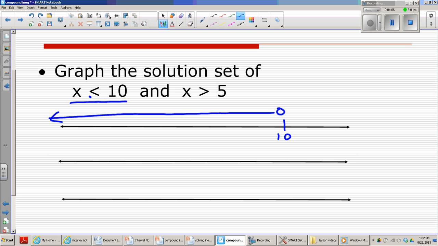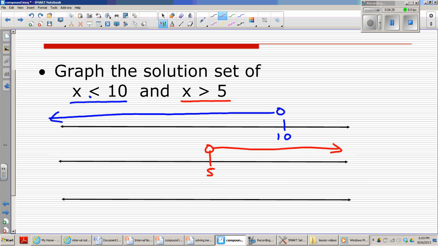Go to the second one. x is greater than 5. If it's greater than, we have an open circle. The symbol's pointing right, so we point right. Remember, we can only point in the direction if we have variable, symbol, value.